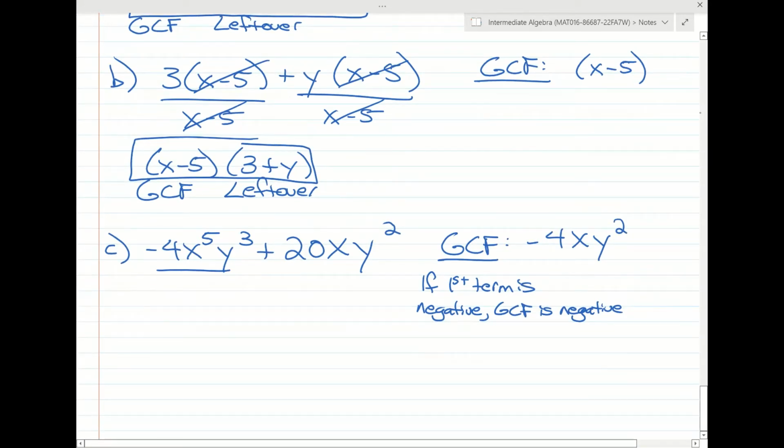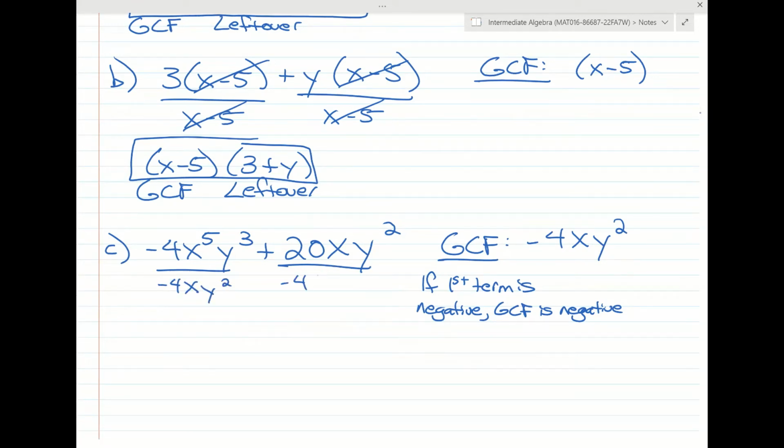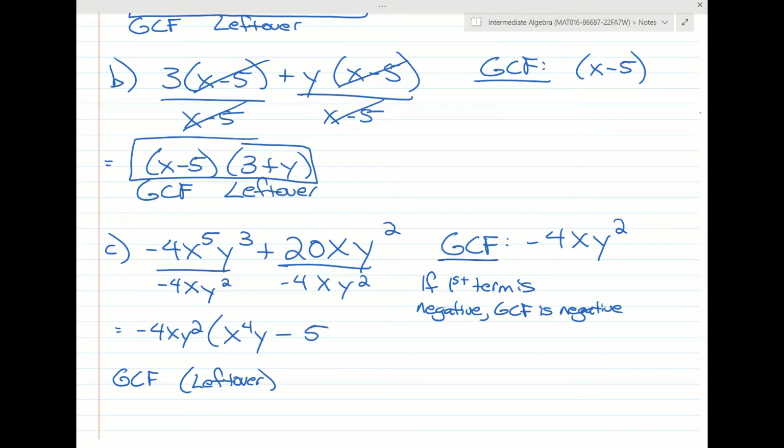What we're going to do is divide each of these by -4xy squared, and then write our GCF and what's left over. Would be -4xy squared. And then if you divide it, you just get x to the 4th y minus 5, and that's it.